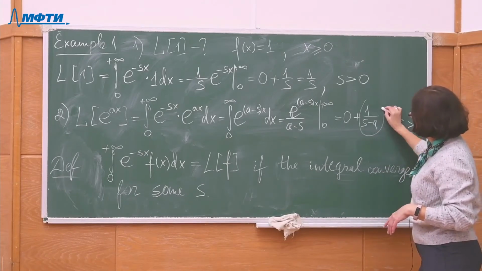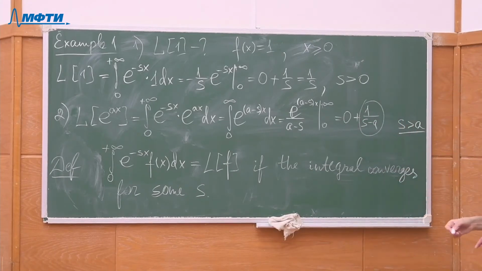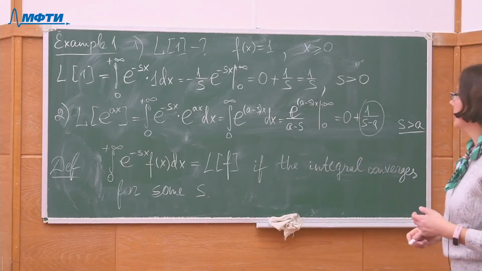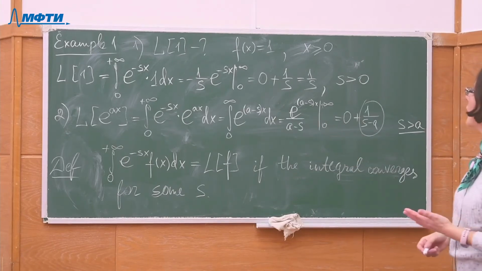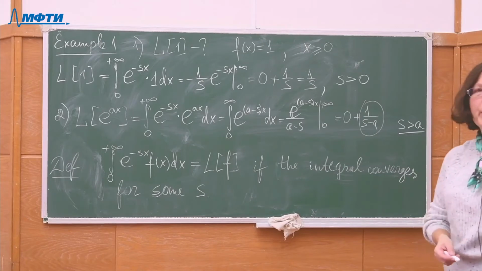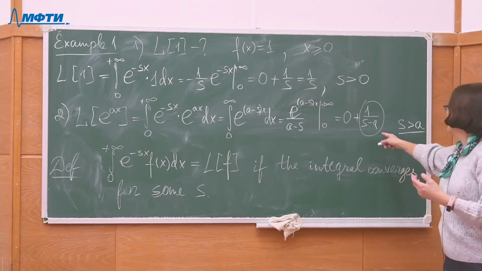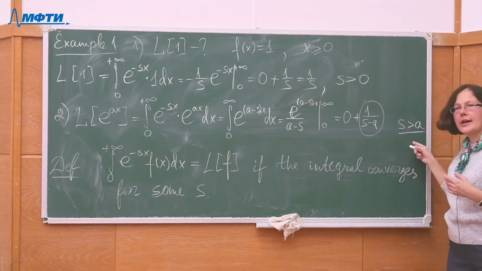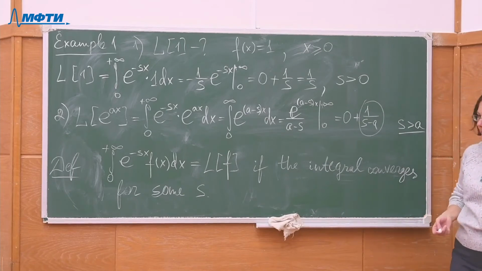So this is the answer to the second problem: the Laplace transform of the function e to the power ax is equal to 1 over s minus a if s is greater than a.